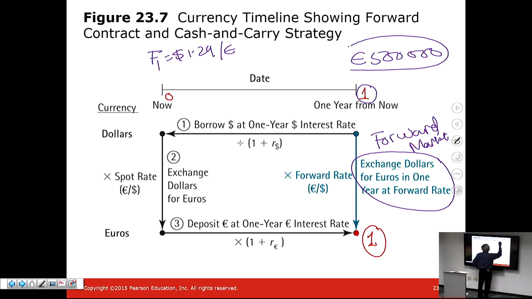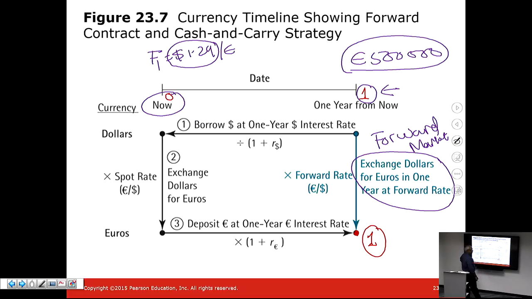So the amount of the transaction, the date of the transaction, and the value of the transaction are all set today. That's the key. All set today in the forward market. I do this one transaction, I'm done. A year from now, I go to the market, I deliver $645,000, and I receive the 500,000 euros.